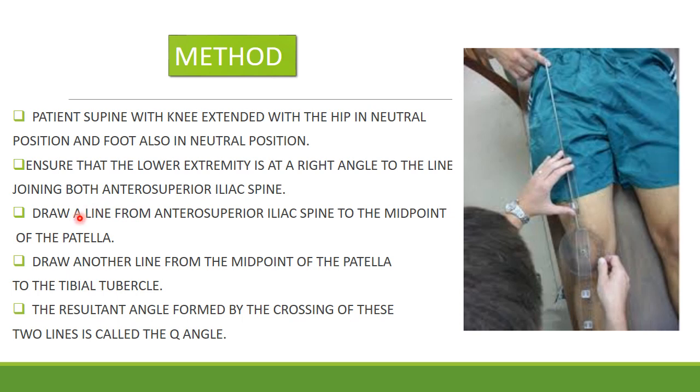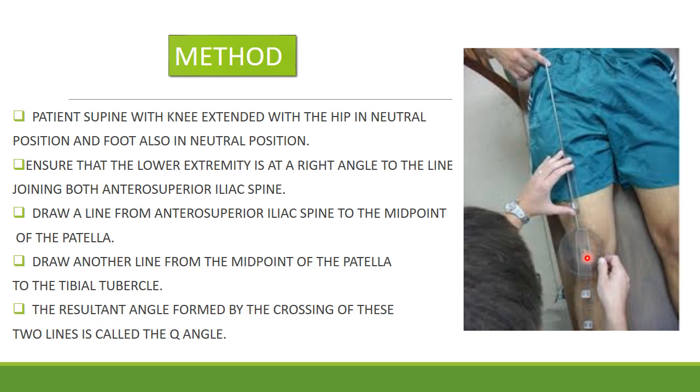Now we'll draw a line from the anterior superior iliac spine to the midpoint of the patella. The first imaginary line is drawn from the anterior superior iliac spine to the midpoint of the patella. Then for the second line, draw another line from the tibial tubercle to the center of the patella.